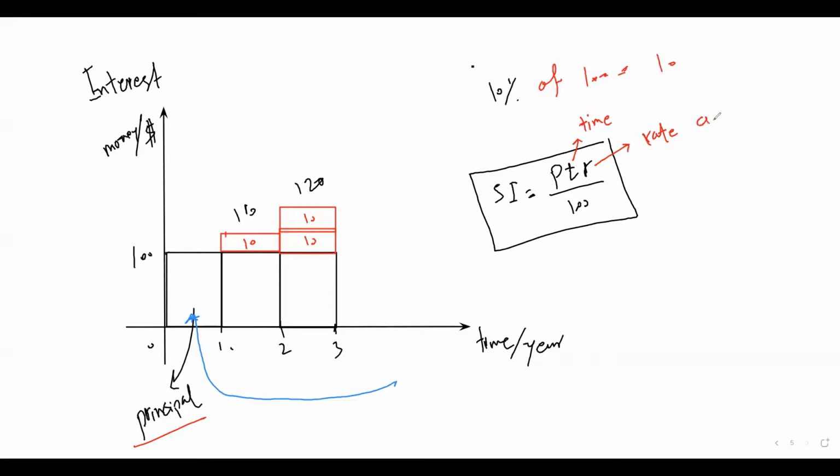So that's the annual rate, AR sometimes. And this is the principal. And 100 is 100. So now we have 4 variables: the simple interest, principal, time, and the rate. Usually 3 of them are given to you, and the 4th one you have to calculate.